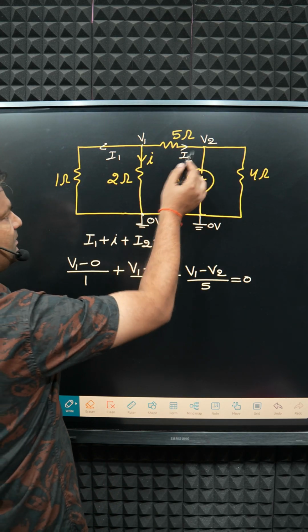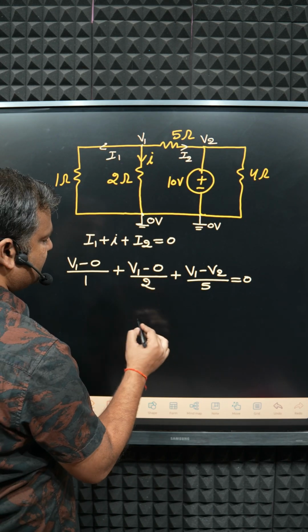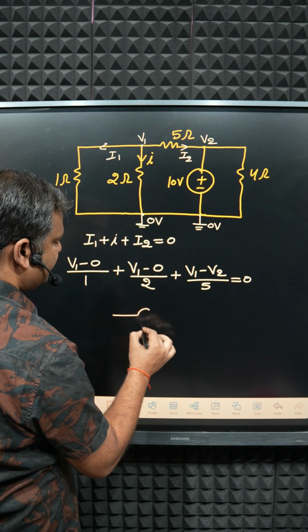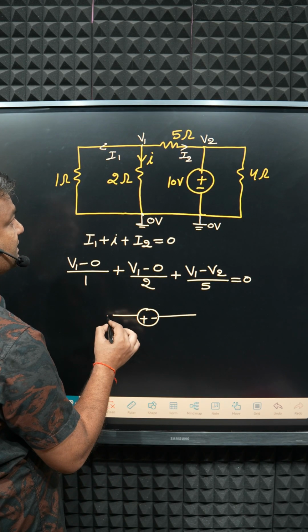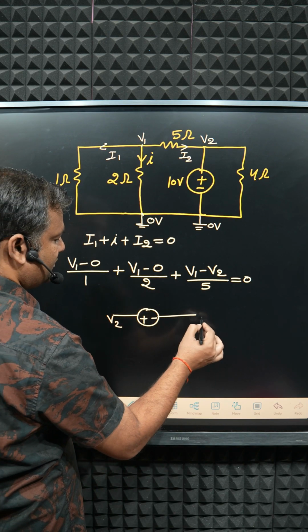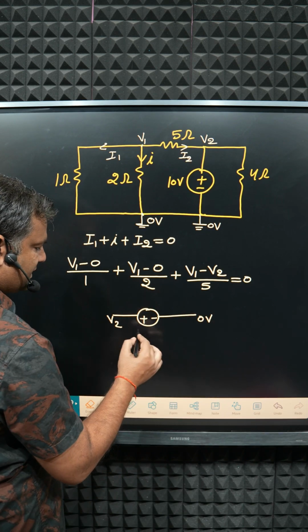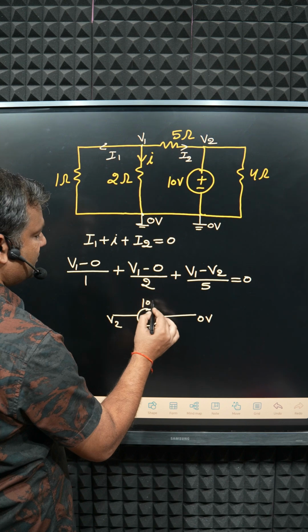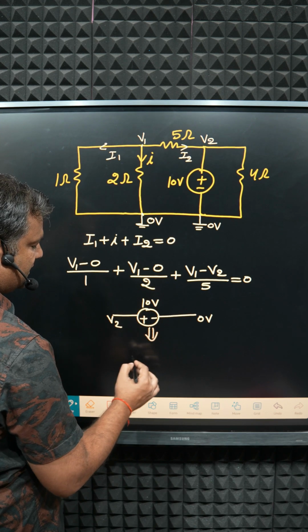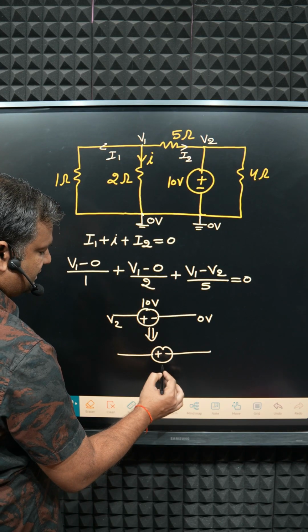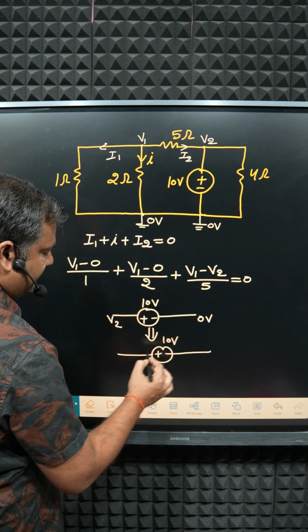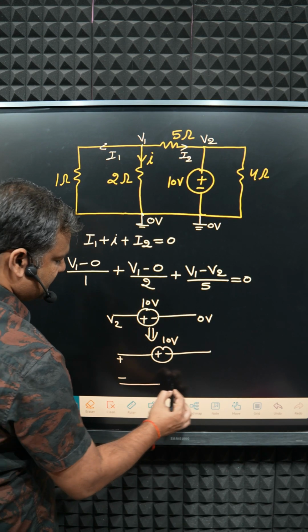If you see that portion, simply redraw it with plus here and minus here, this one is V2 and this is 0 volt. Clear? What is the meaning of this one? This is 10 volt. Basically, if you redraw, this is 10 volt with plus and minus.